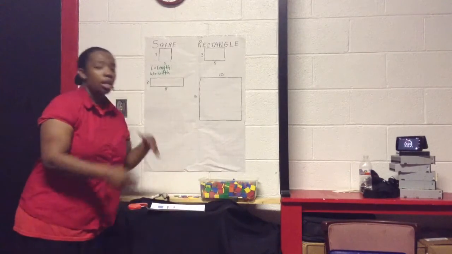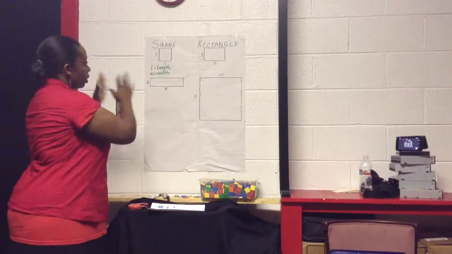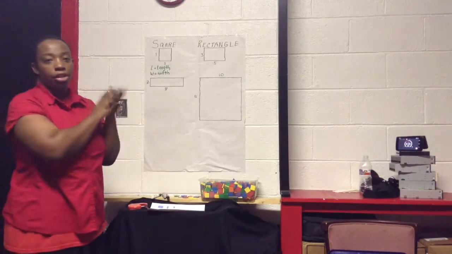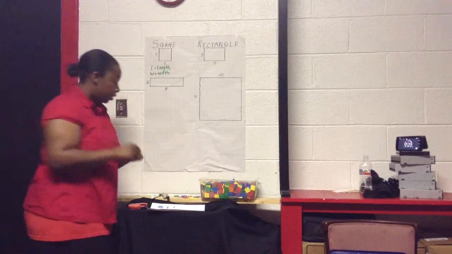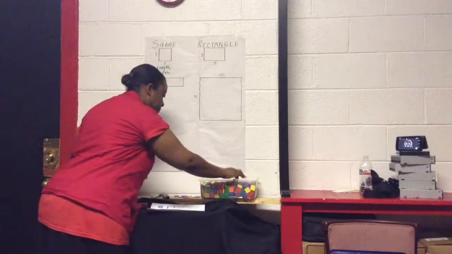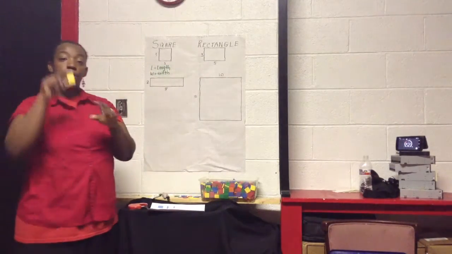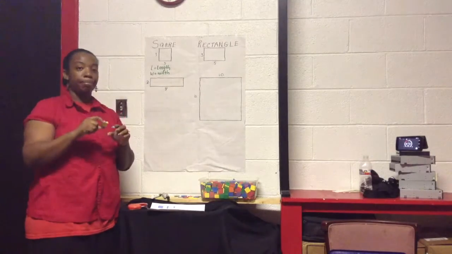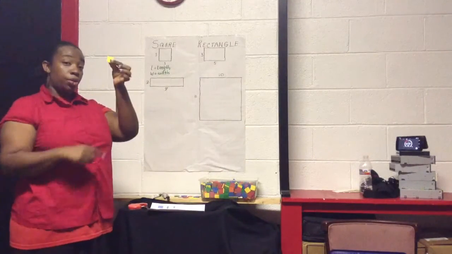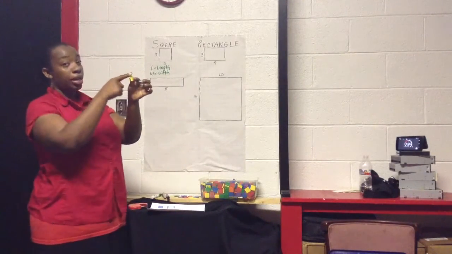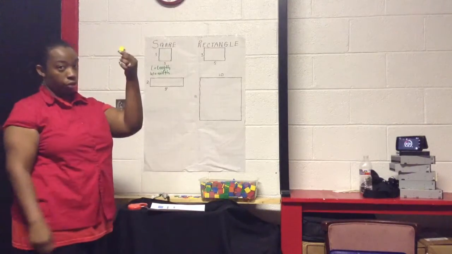Okay, so now that we're setting up all the parts of our shapes, I'm going to introduce you to this right here. This is called a square unit. This square unit is 1 square unit.